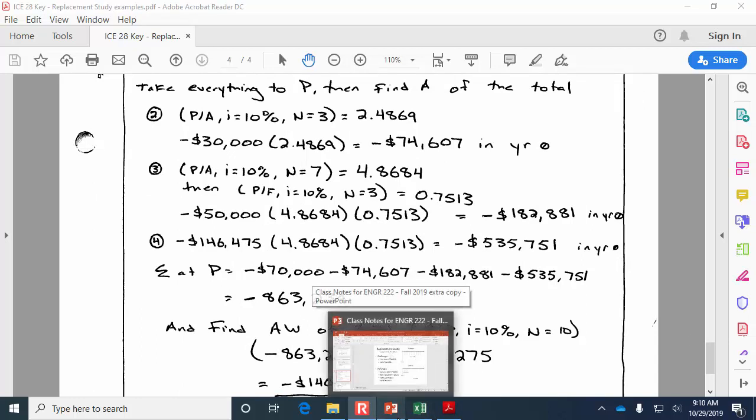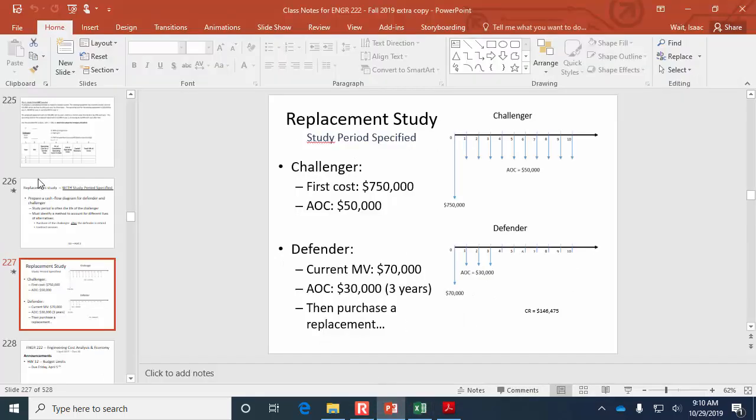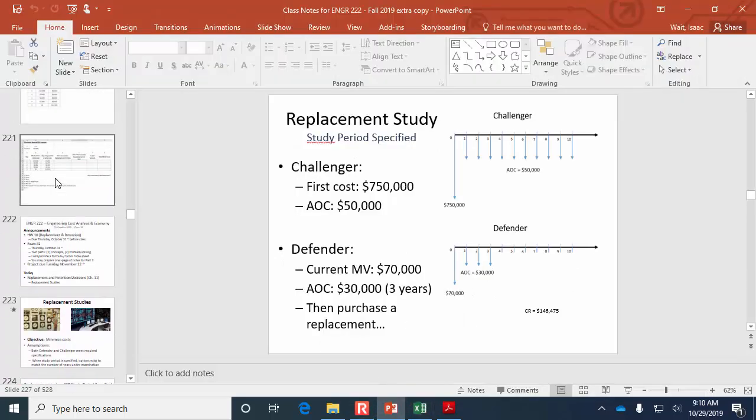I'll put this solution back up on the screen in just a second. I know some of you have finished it already, and I don't want to keep you any longer.